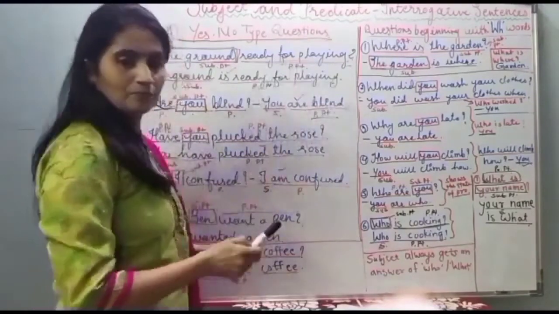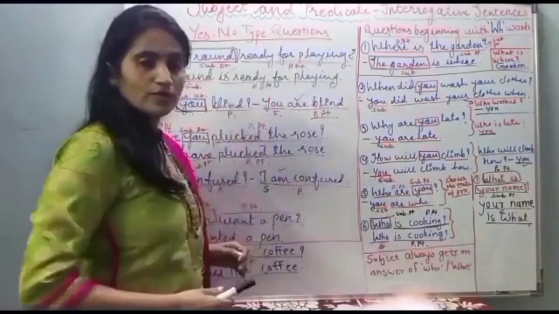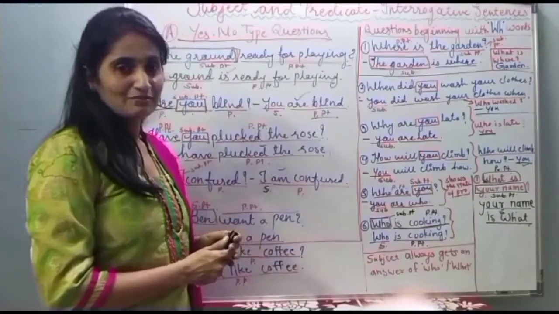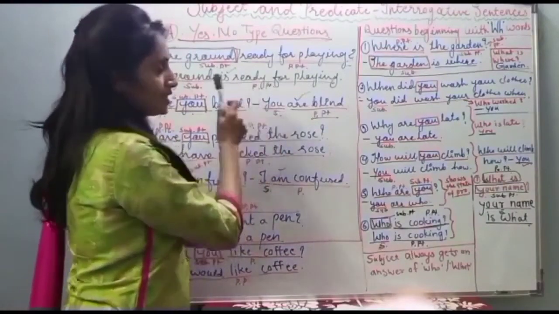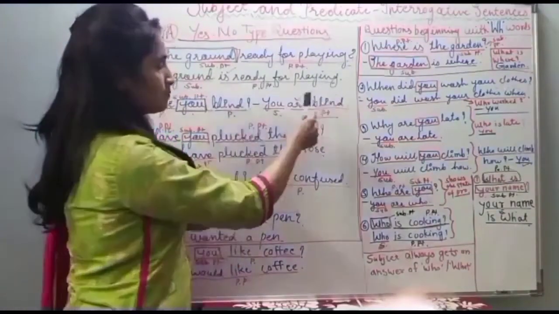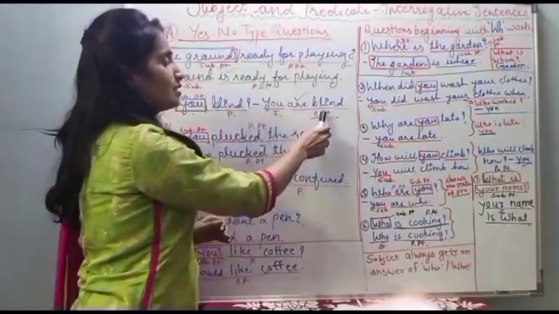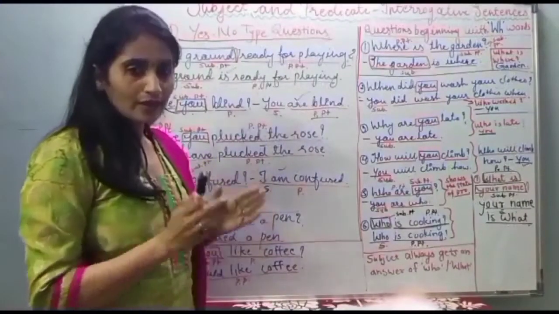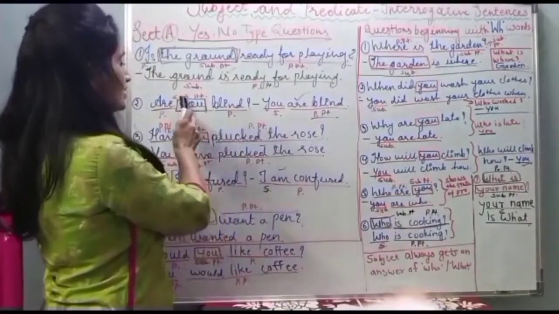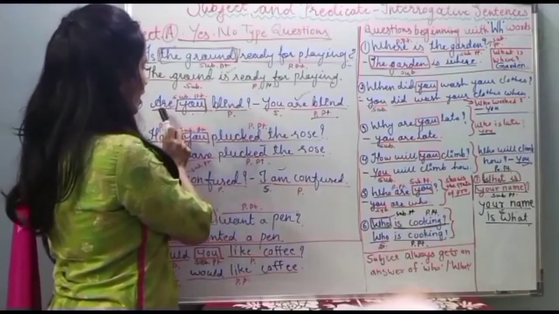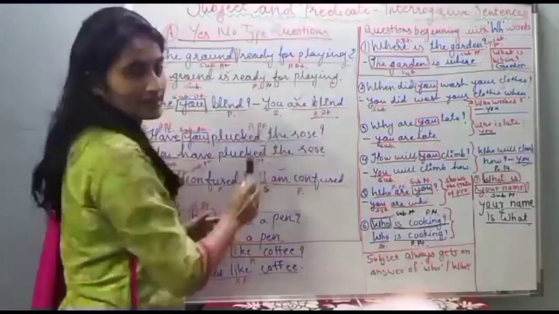You are blind. इसमें सब्जेक्ट कौन सा है? Can you identify the subject here? Yes, you is the subject. What remains? Are blind. So this is the predicate part. So you can say that you is the subject part and are blind is the predicate part.